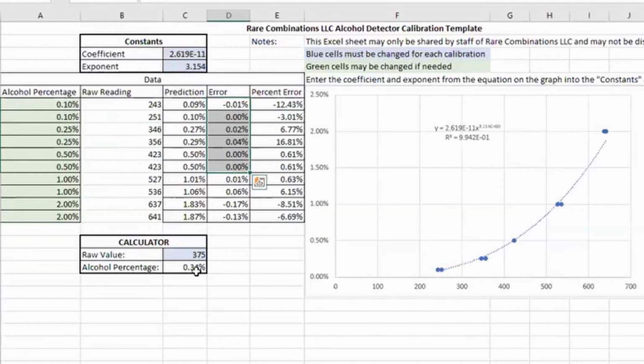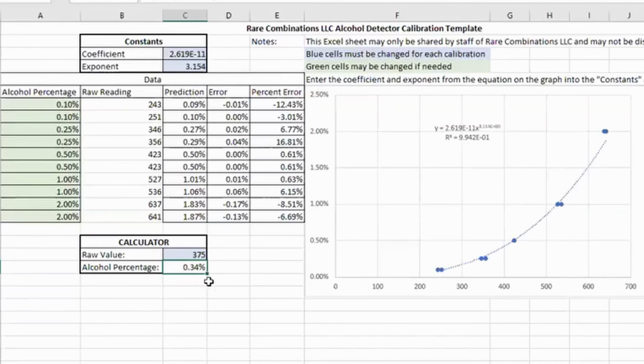So I would anticipate that probably the largest error I can get in my readings within this range is probably plus or minus 0.04%. So you can look at this and say, yes, my kombucha is probably below 0.5% because even with the error accounted for, the highest alcohol percentage this could be is 0.38%.